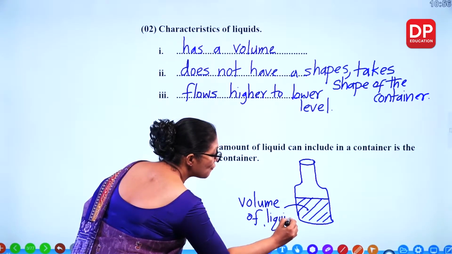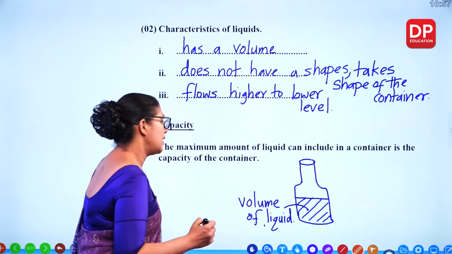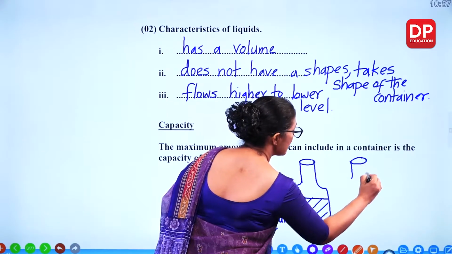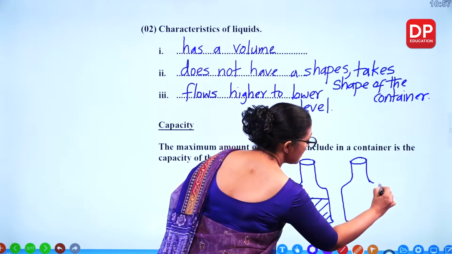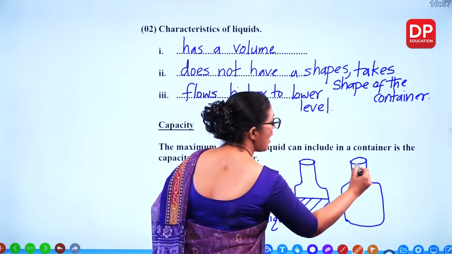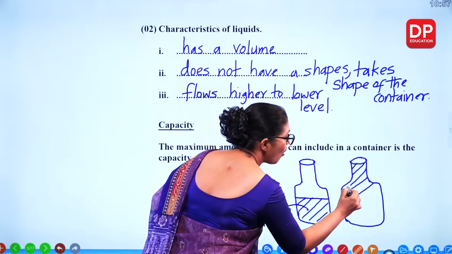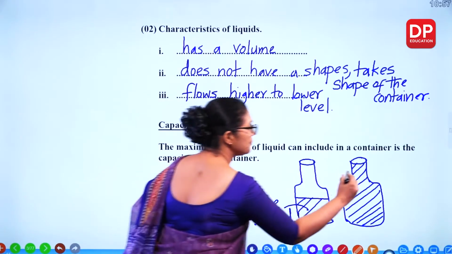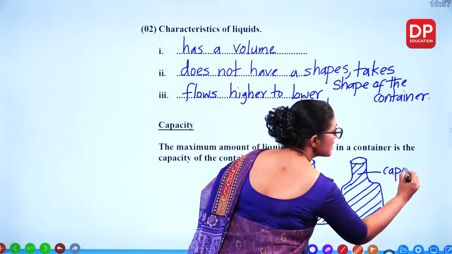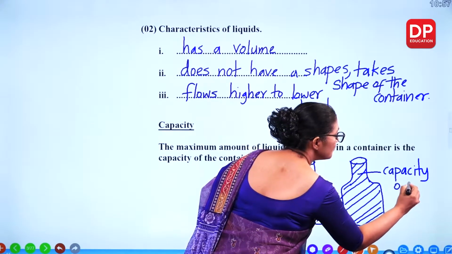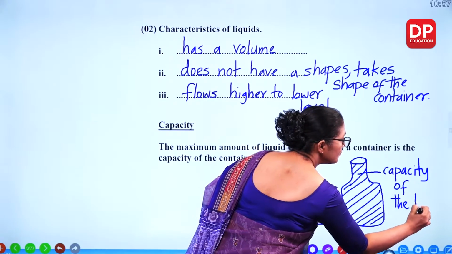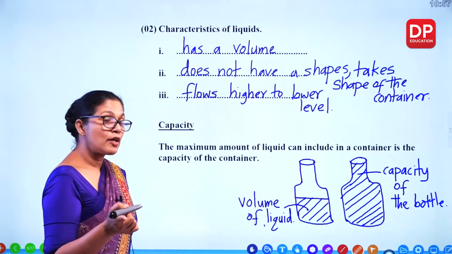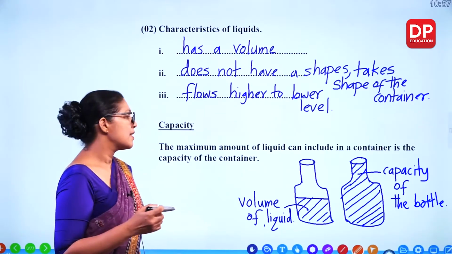When you fill this fully, that's the capacity of this bottle. So now you know the difference between volume of liquid and capacity of the container.